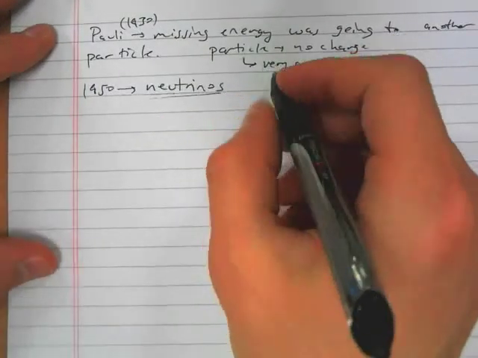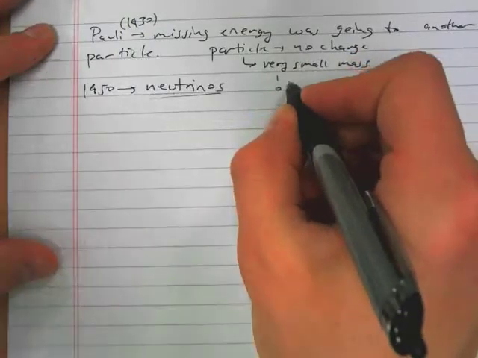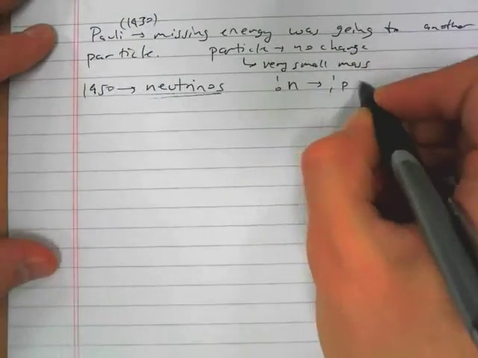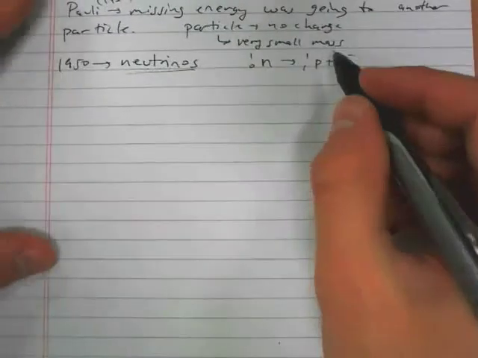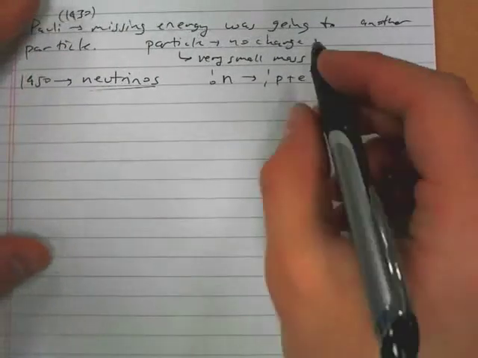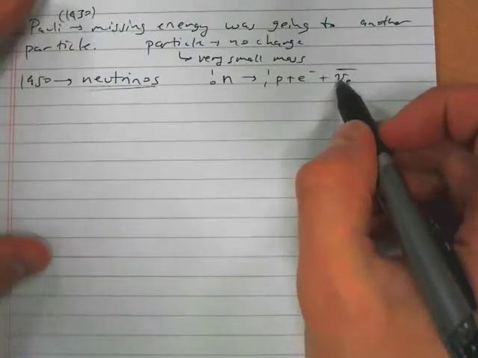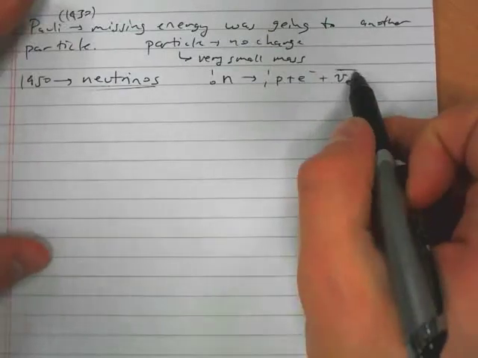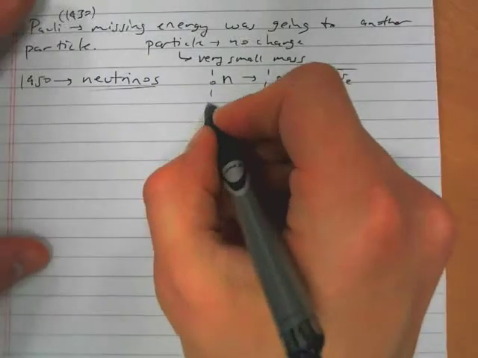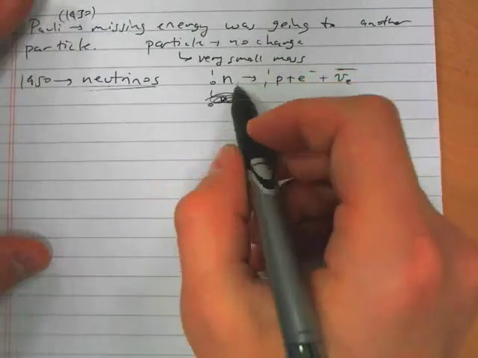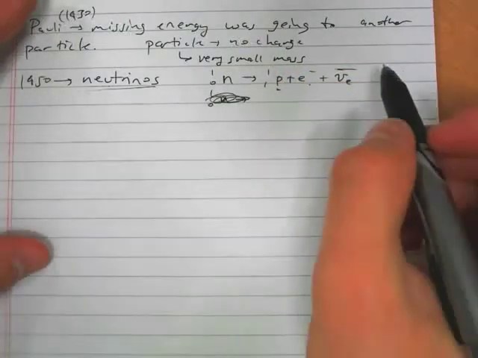So for beta decay, what's really happening is that the neutron is decaying, and we get a proton, we get an electron, and for the case of getting an electron, there's also this, which for whatever reason is the symbol for a neutrino. The bar over it means it's an antineutrino. The beta plus decay would give off a neutron, a positron, and a regular neutrino. And so that took care of the missing energy and momentum in the beta decay.